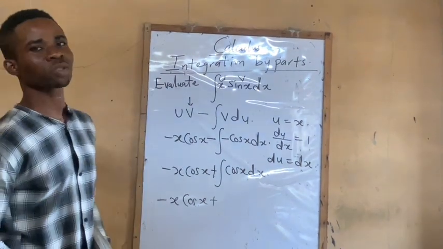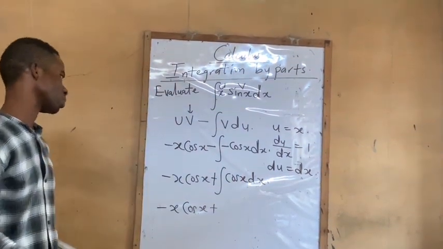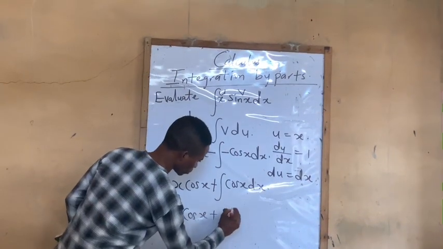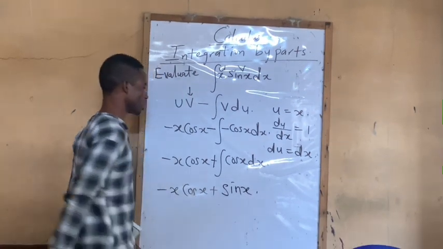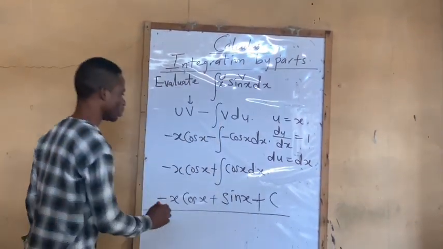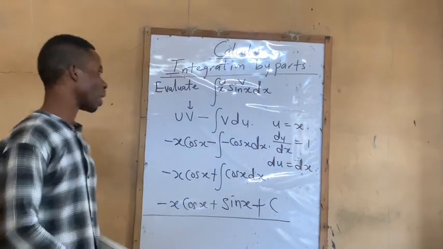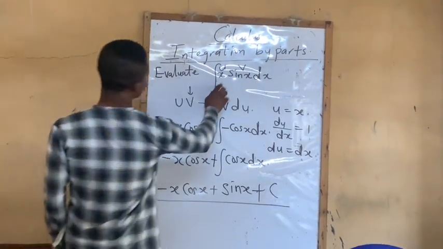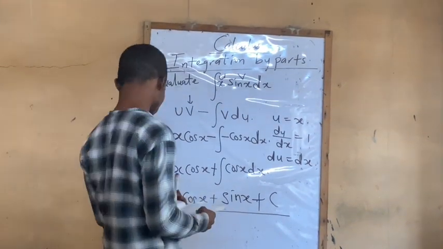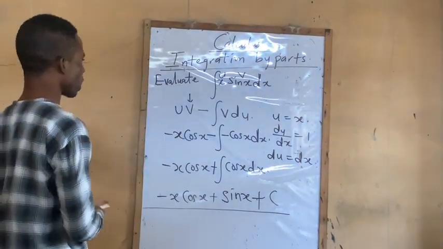The integral of cos x will give me sine x. That means everything plus c, arbitrary constant. So that is the answer for x sine x dx: minus x cos x plus sine x plus c.